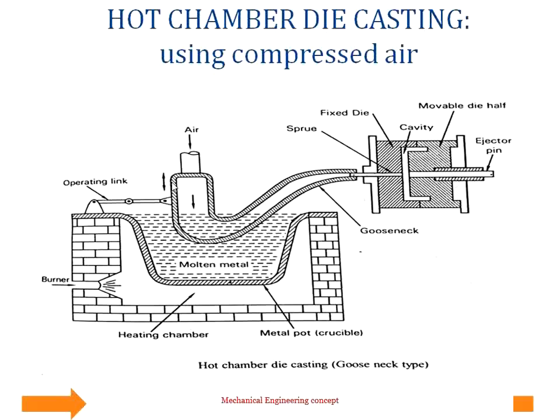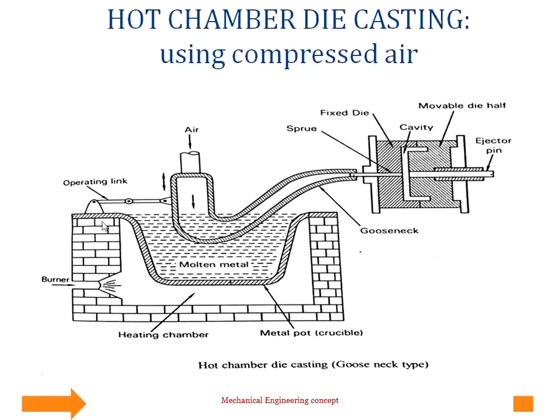Now, what are the steps involved in this particular process? First, a pivoted cast iron gooseneck is submerged in a reservoir of molten metal. The metal enters and fills the gooseneck by gravity.